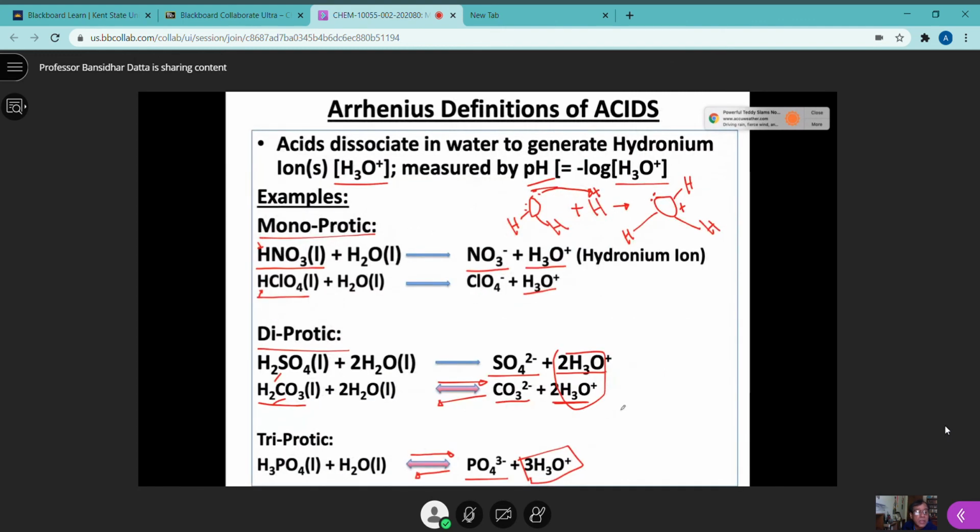So monoprotic, diprotic, and triprotic. If I ask you a question in the test, and I will, you can ask it this way: the sulfur, when it reacts with oxygen, it makes this. When that compound is added to water, it makes this. Is that compound a monoprotic acid, diprotic acid, or triprotic acid?